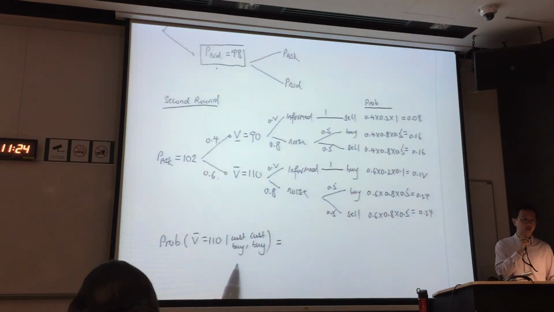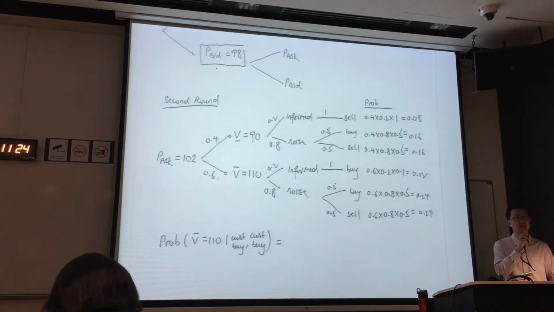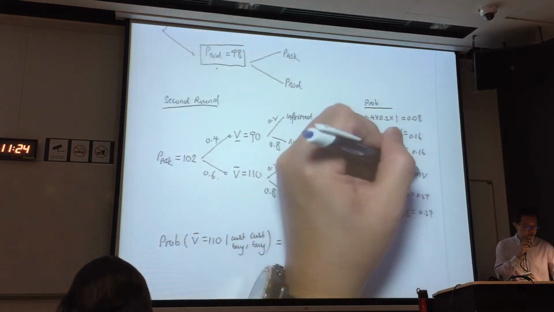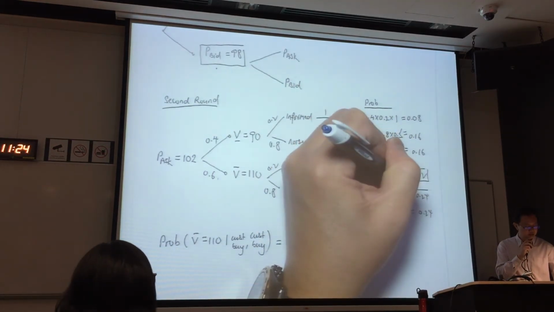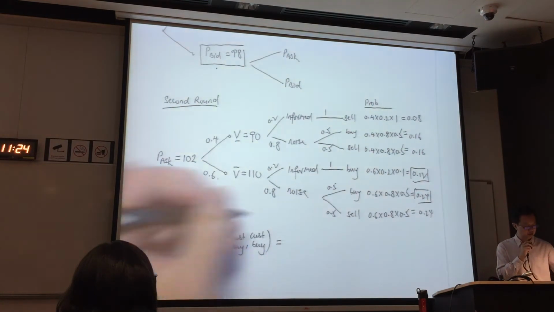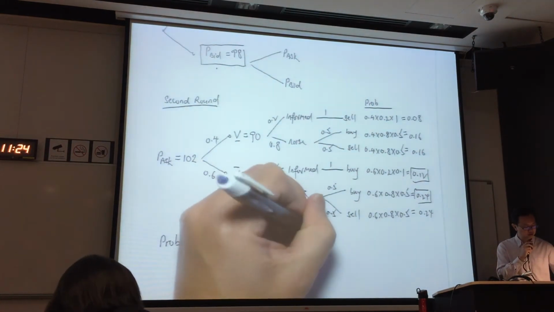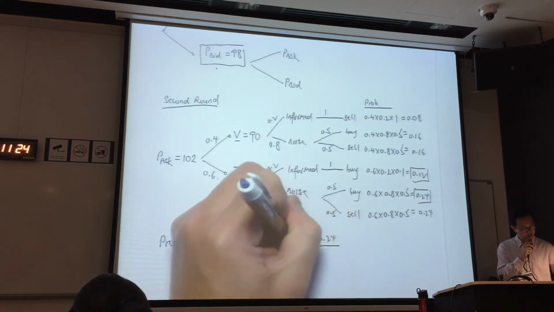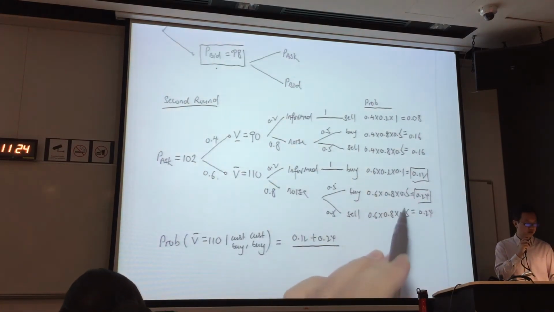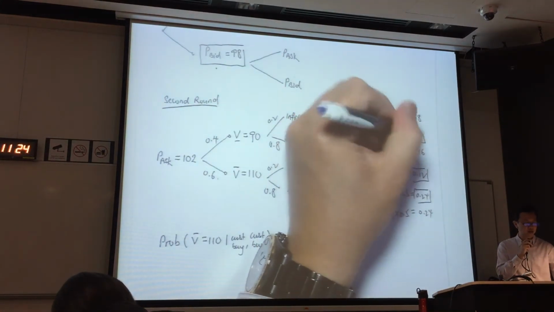What is the probability? I say you just need to compare the probability of the customer buying when the value is 110 to the probability of the customer buying regardless. So here we just need to take this probability plus this probability, go to the top, right? So 0.12 plus 0.24, and divide by the probability of all the buy trades, which include this.